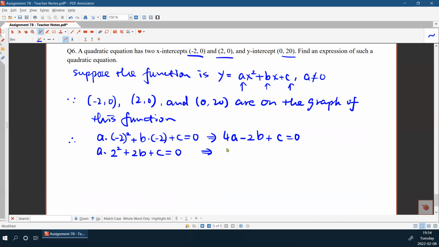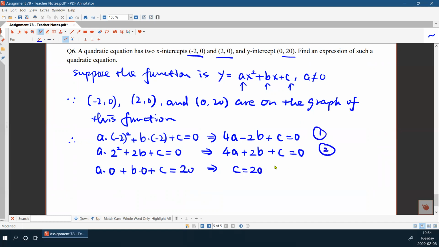This means 4a plus 2b plus c is 0. Next one, x is 0, y is 20. So that means a times 0 plus b times 0 plus c equals 20, which means c equals 20, right? And let's label them 1, 2, and 3. Apparently, c is already solved, which is 20, right?